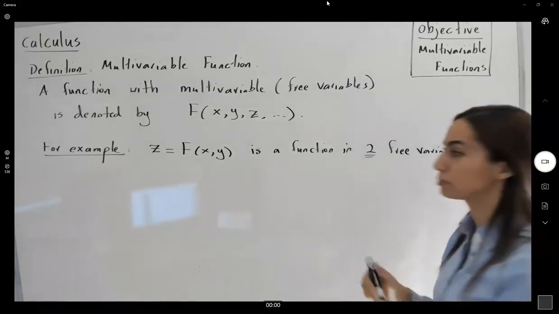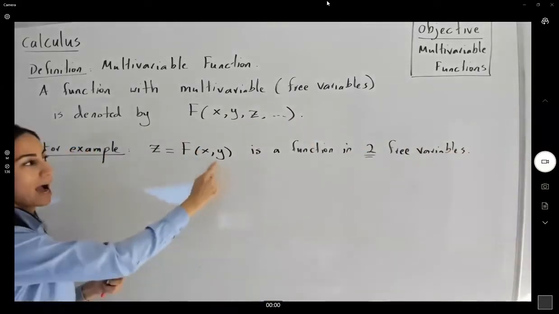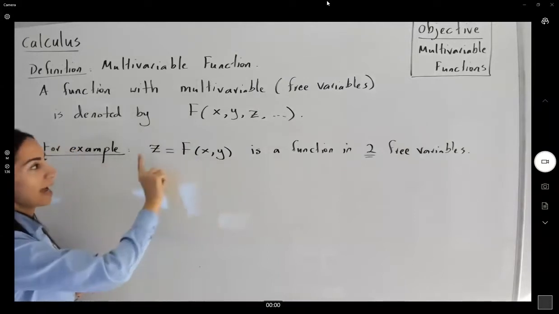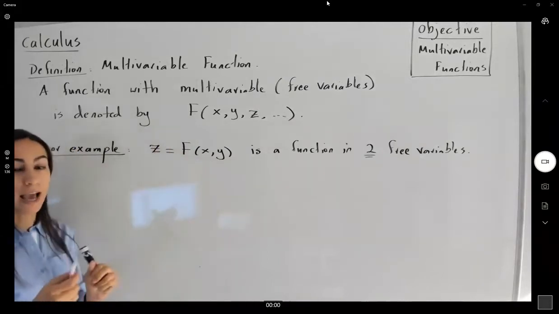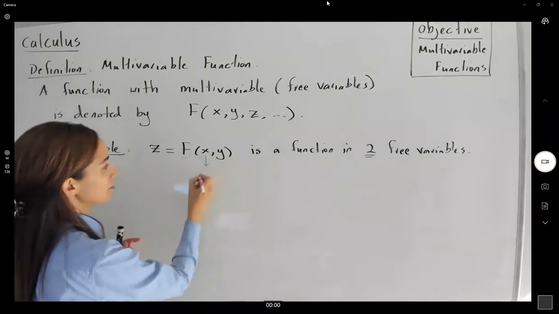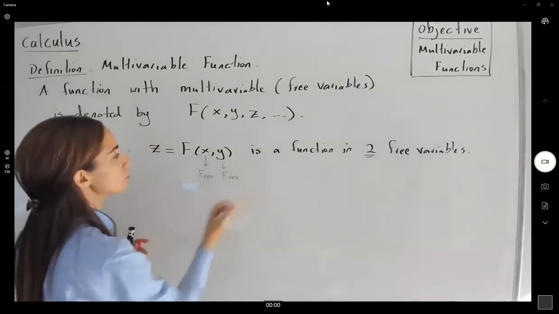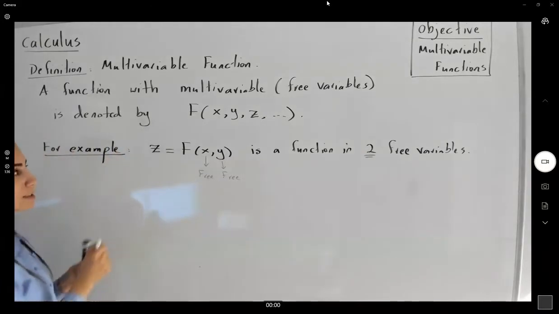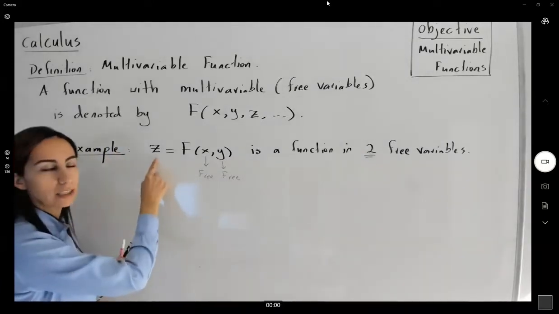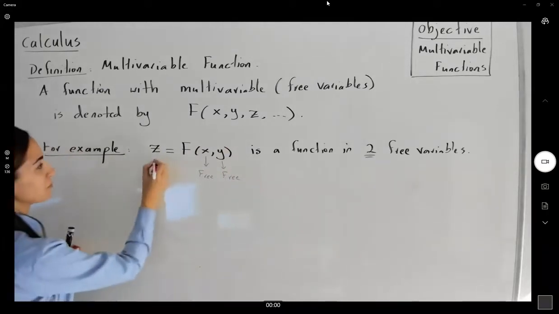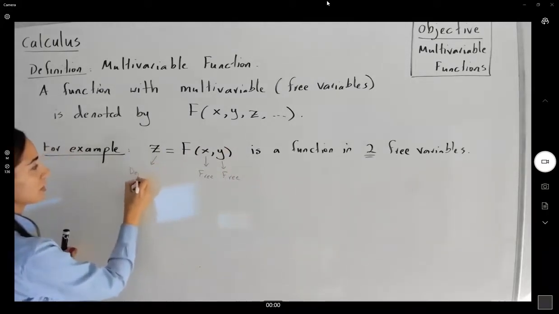What are the free variables? X and y are free because they are in parentheses, and z depends on x and y. You can freely assign values to x and y, but z, the third variable, depends on these two free variables. Dependent.